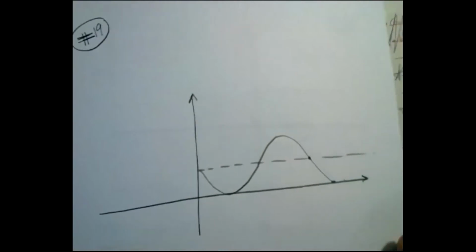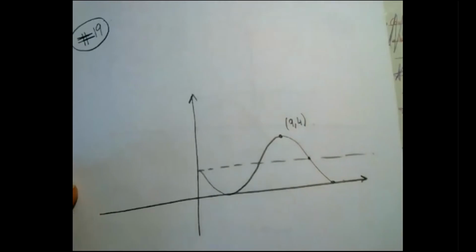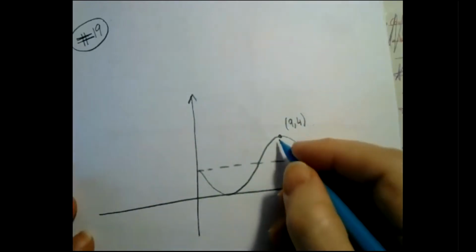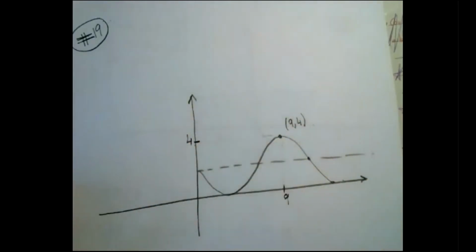Okay, so that's really my graph. And the only thing they are giving me is this point right here. This point is 9, 4. Okay, so this means that this x coordinate here is 9 and my y coordinate here is 4. All right, so that's really the picture.